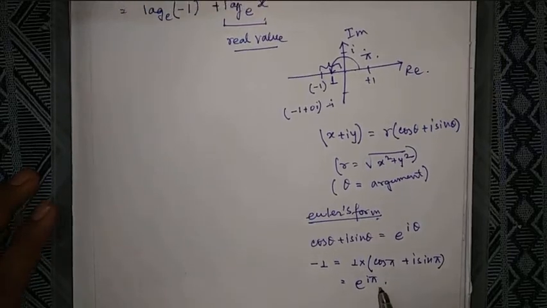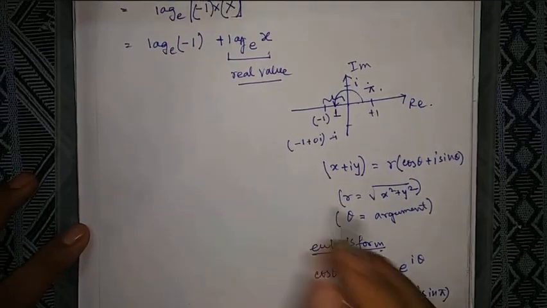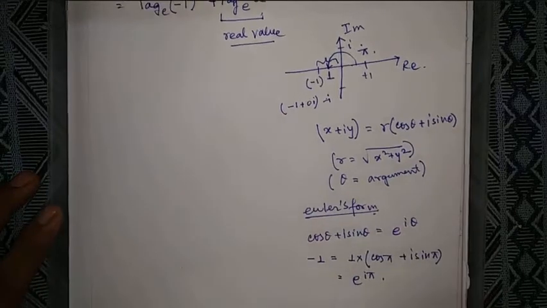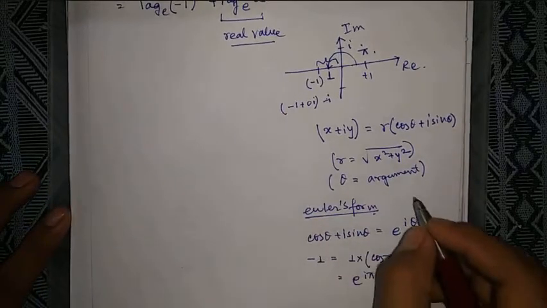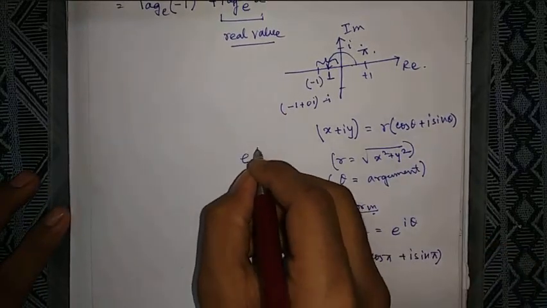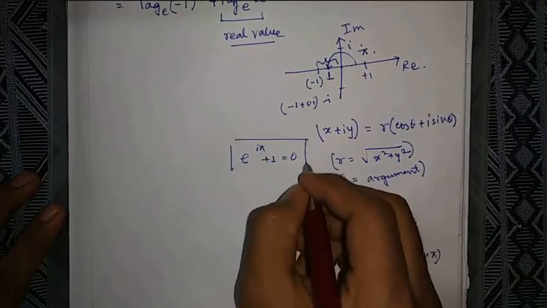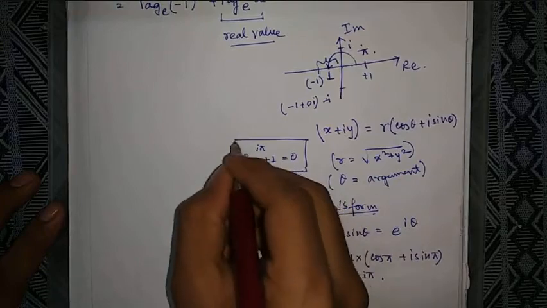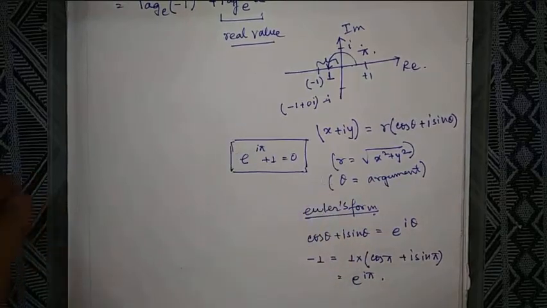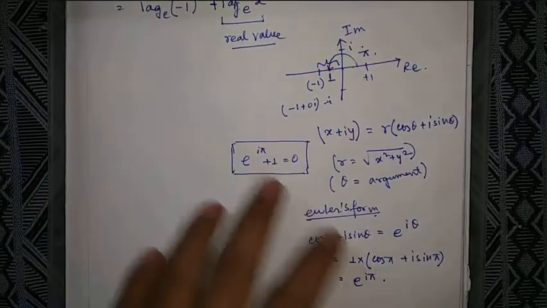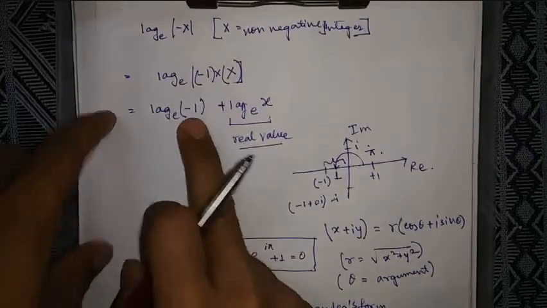This actually gives you the more specific formula which you might have already known, which is e to the power i pi plus 1 is equal to 0. This is a very famous formula, but now for this function let's focus on this.